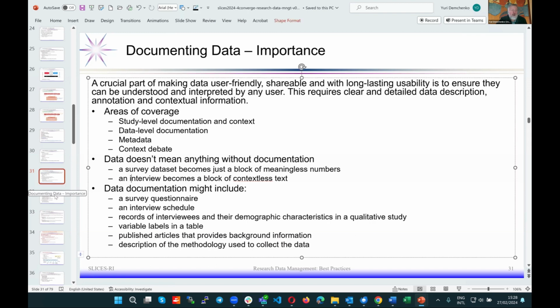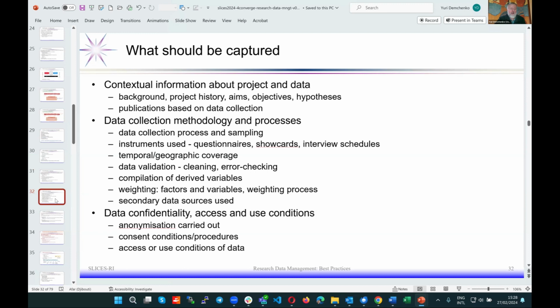Data management should allow catching all information about data and the process to prove what is done and make it reproducible and trackable. So what needs to be captured in documenting data? The data management plan says data needs to be well documented.